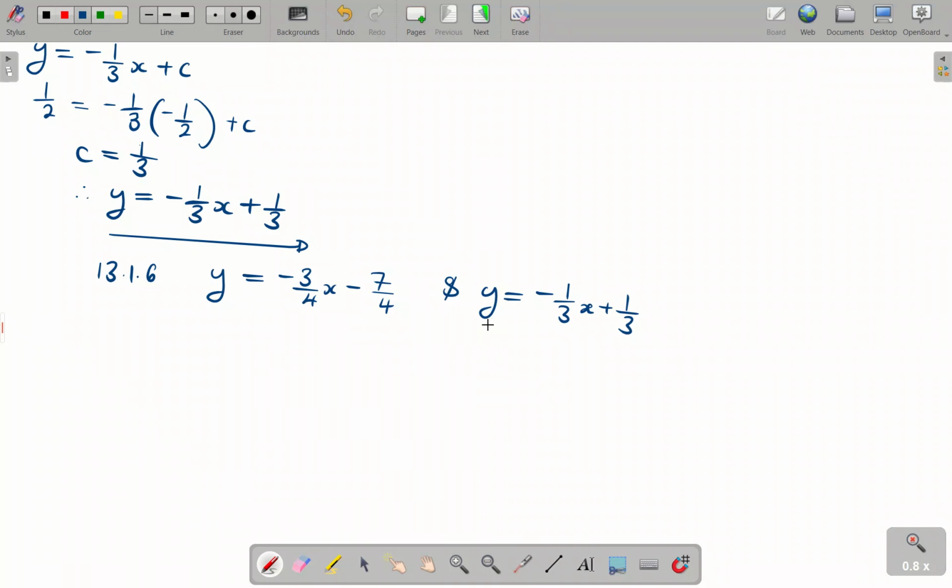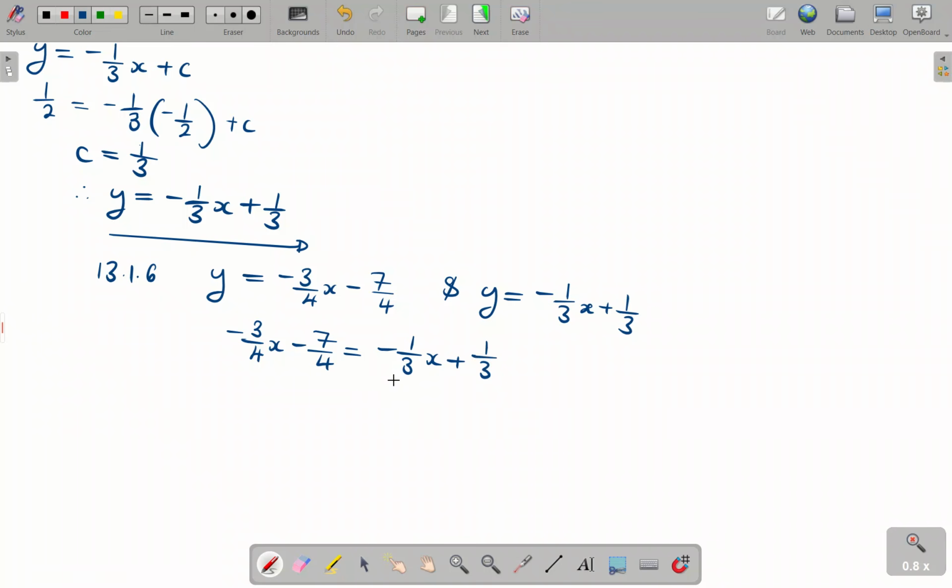All of them are equal to y, so you equate them to find the x value. Negative 3 over 4 x minus 7 over 4 equals negative 1 over 3 x plus 1 over 3.